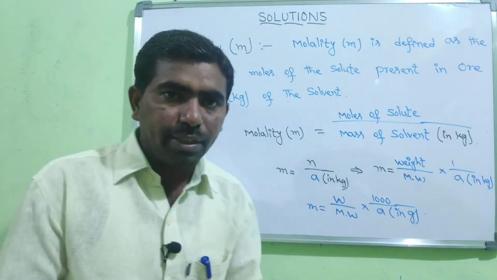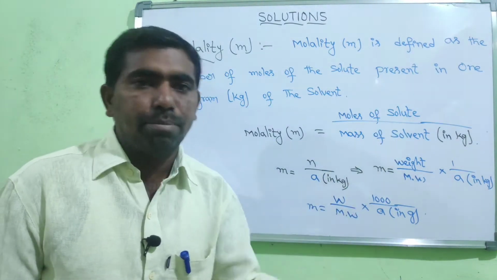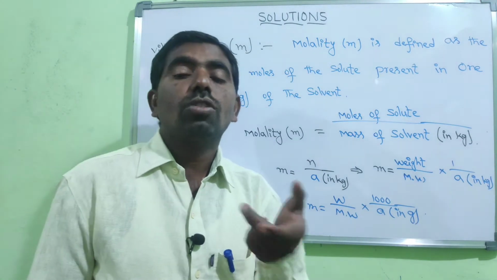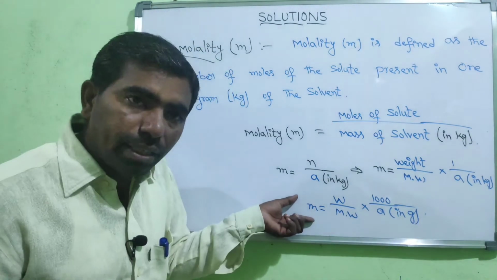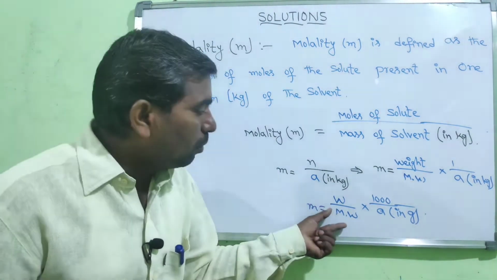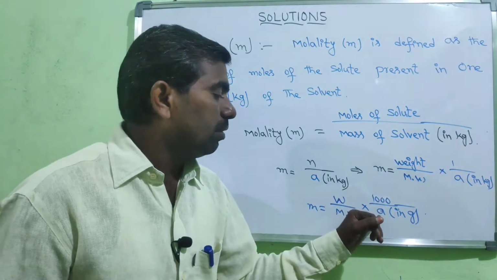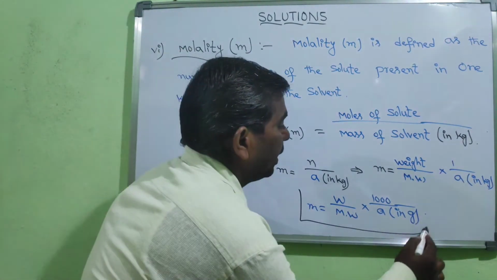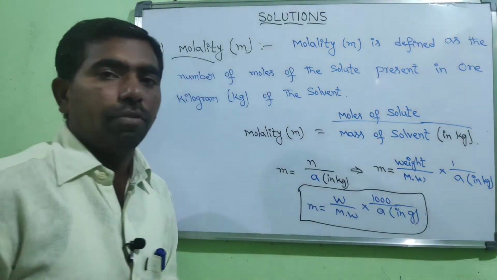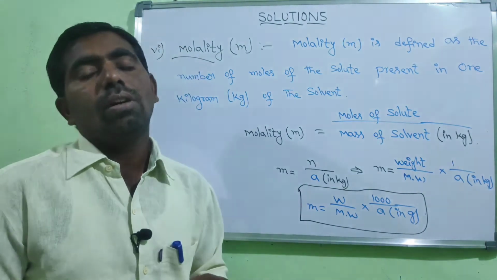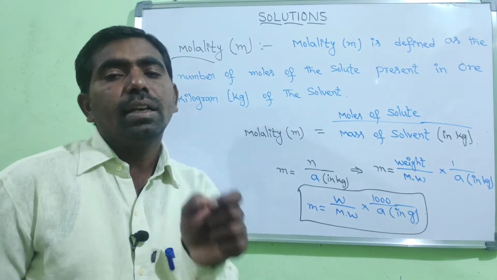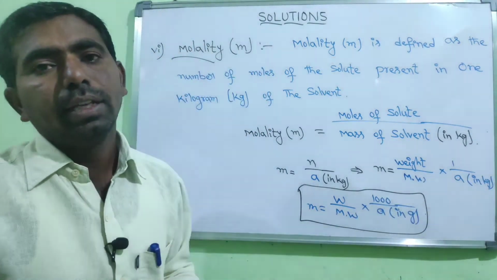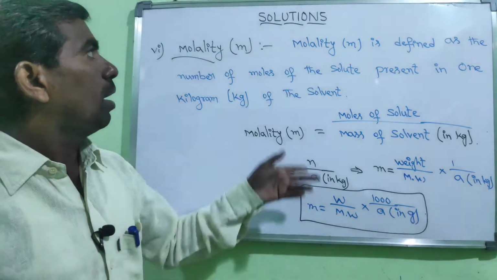If we take the solvent in grams, then molality equals weight divided by molecular weight into 1000 divided by a in grams. This equation is used when the solvent is taken in grams, and the previous equation is applicable when the solvent is in kilograms. So that is about molality.